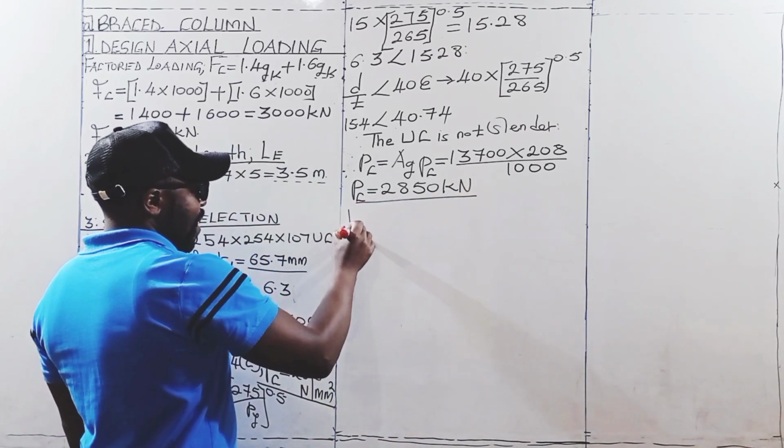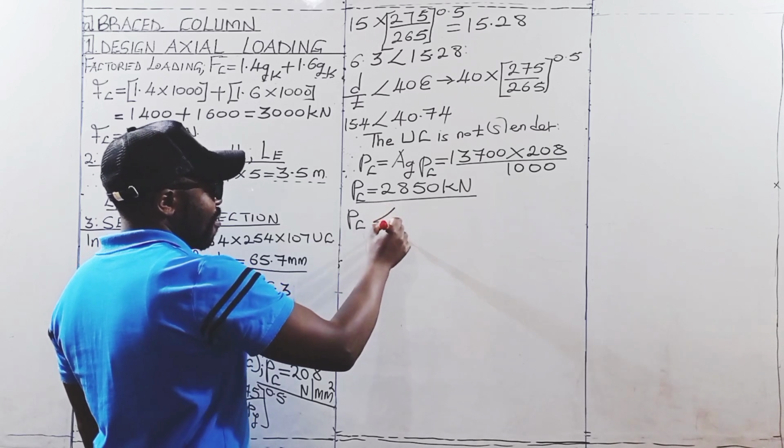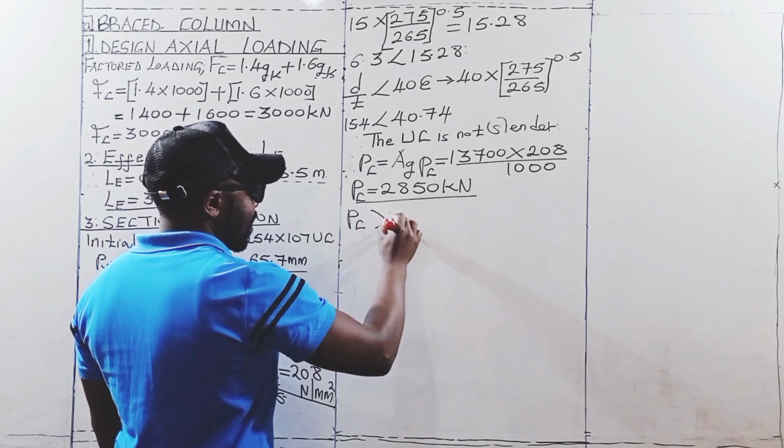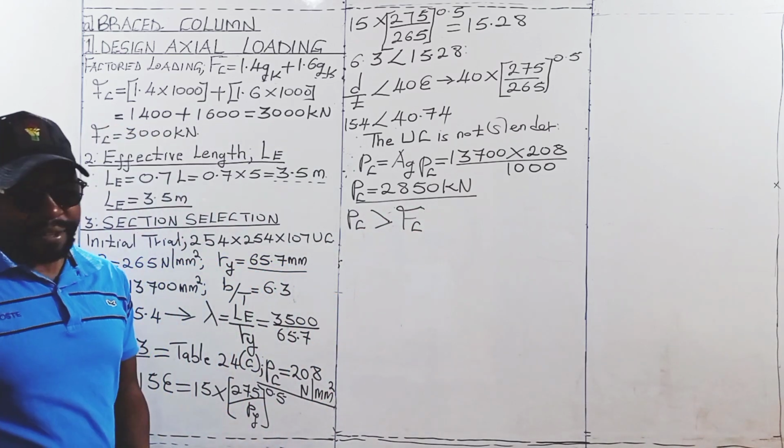Therefore, when we compare PC and FC, we find that the compression resistance should be greater than FC, that is the factored loading.